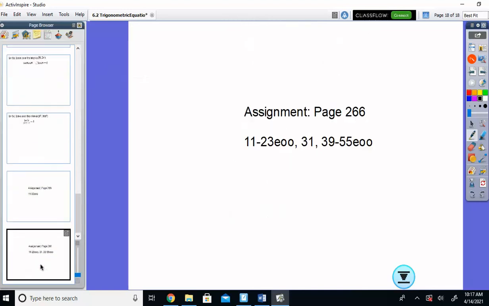So tomorrow, I'll do a few more examples, and you'll probably get a little more class time to work. So you've got about 15, 16 minutes right now to work. Tomorrow, we'll practice and then have some more time. We'll do another one of those little sheets to practice the unit circle values too. And then this will be due on Friday.